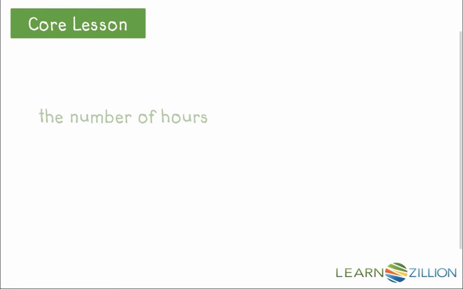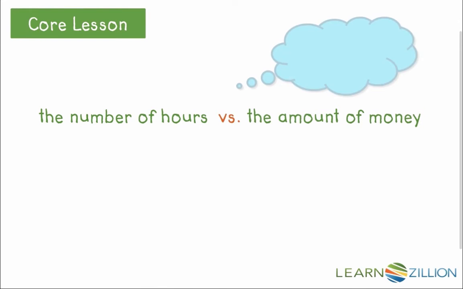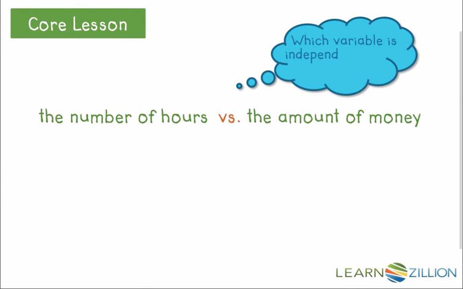Let's take another look at the two variables. How do we know which variable is independent and which variable is dependent? In this scenario, which must happen for the other to occur? This will tell us which is the independent variable and which is the dependent variable. Deanna must first babysit a certain number of hours in order to know how many hours she will be paid for.